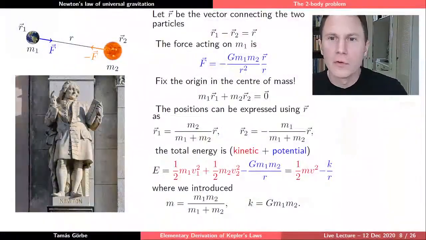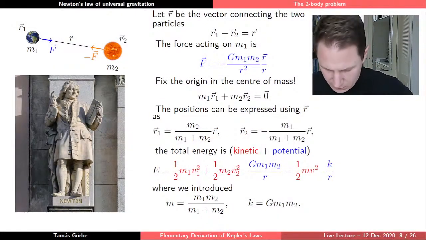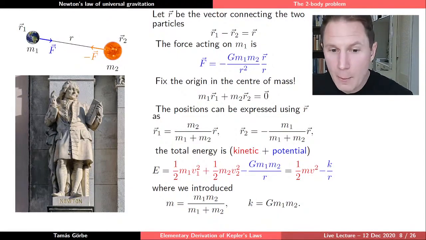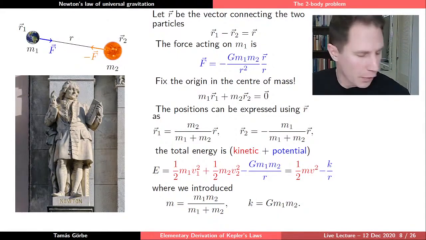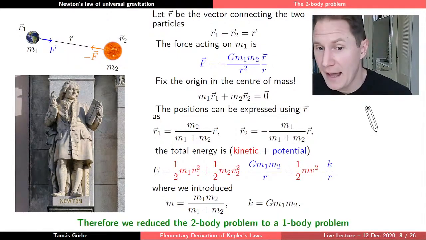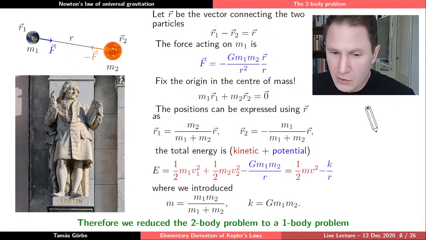So I can go back now to the slide. m1 times m2 over m1 plus m2 is something called the reduced mass, and this constant k is just proportional to the gravitational constant.